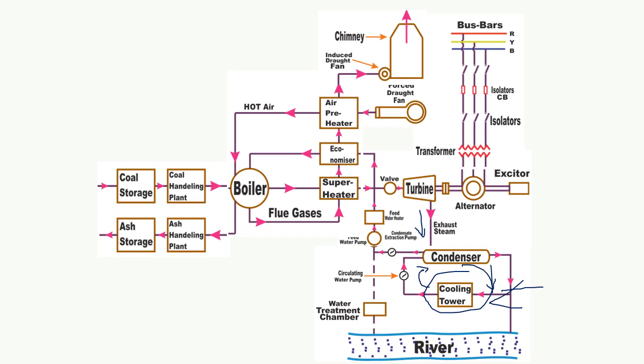Now, once the turbine rotates your alternator, the rotor gets rotated. In the interaction classes we also discussed why the alternator is required here: to keep the frequency constant, because it runs at Ns.